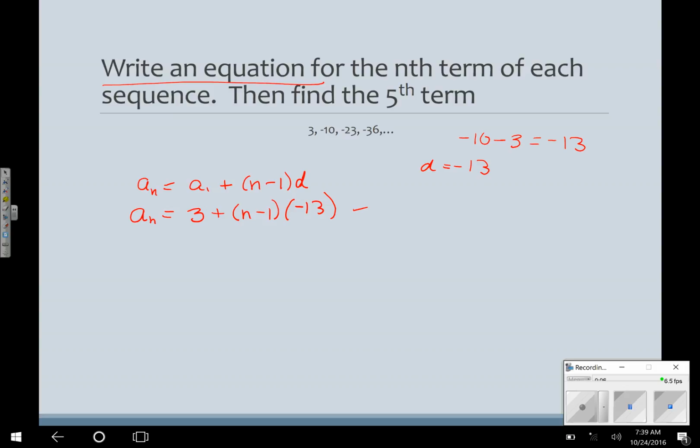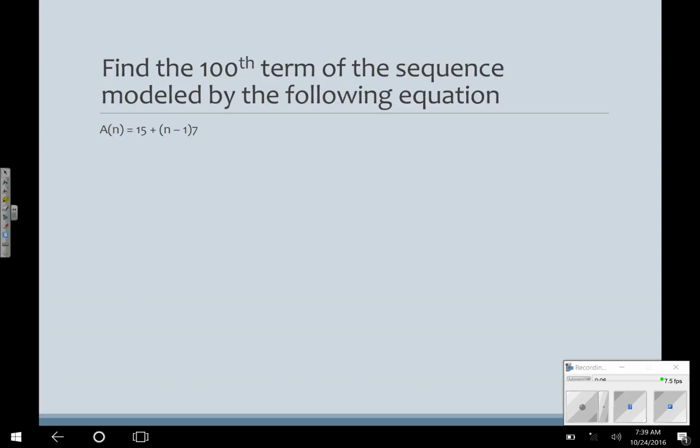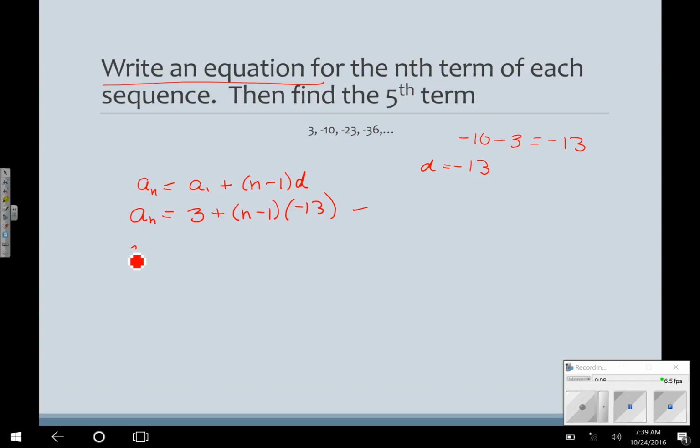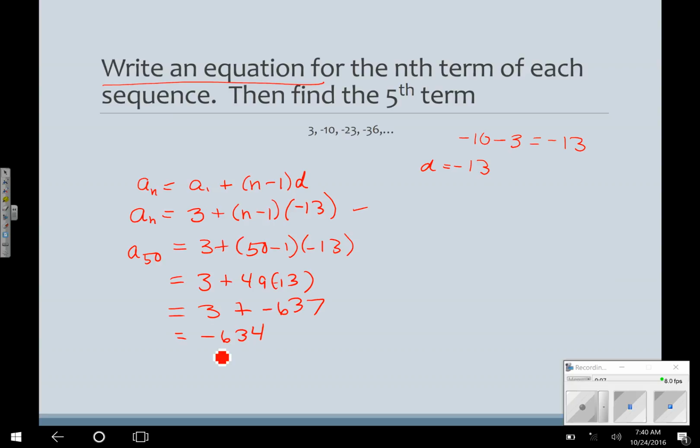So now when I sub in to find a sub 50, I'm going to go 3 plus 50 minus 1 times negative 13, or 3 plus 49 times negative 13. 49 times negative 13 is negative 637, so 3 plus negative 637 gives us negative 634 as our 50th term.